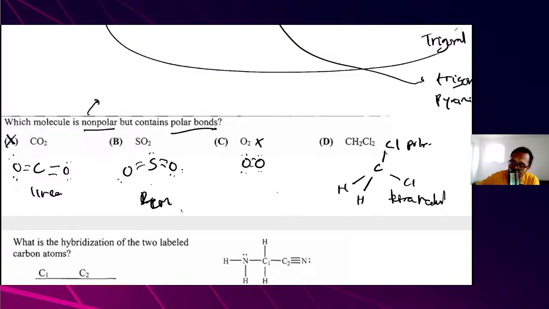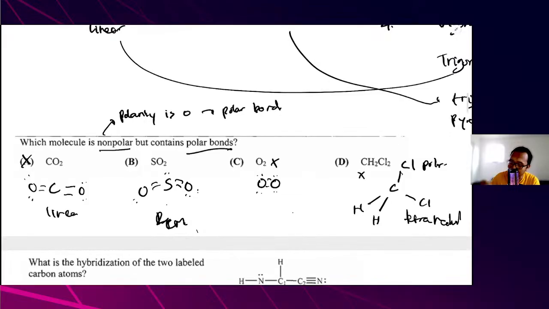The definition is that the polarity is zero or cancels out, but with polar bonds. For the D one, the polarity is not zero. I mean, the dipole is not zero, so we can eliminate option D.